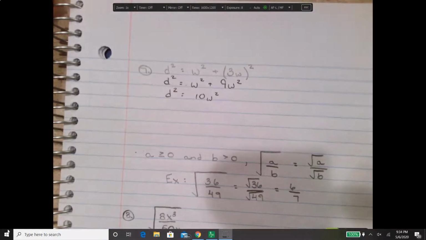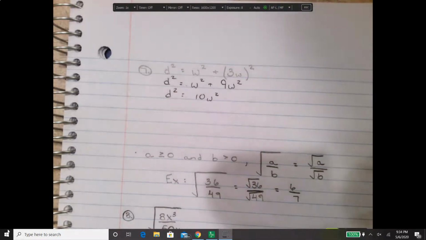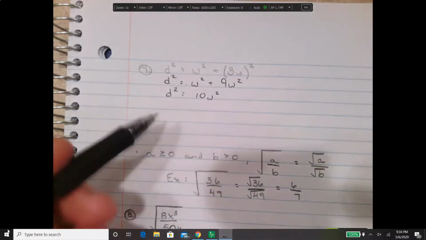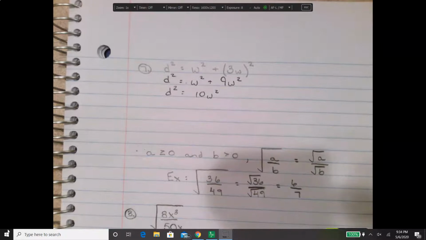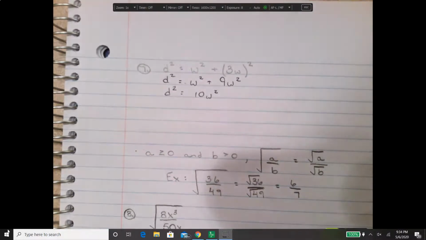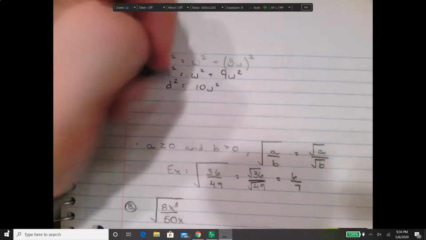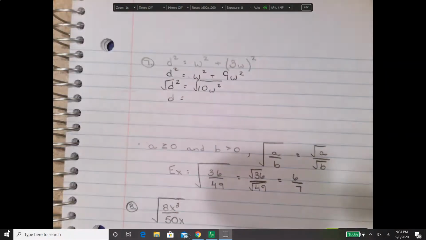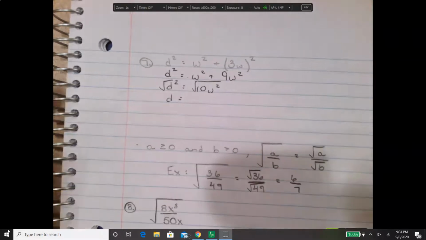Now, from here, again, I'm trying to simplify this one down as much as I can. I want to find what d is equal to. Well, how can I get rid of this squared symbol? The way to get rid of the squared symbol is by taking the square root. So by taking the square root, d is going to be equal to, well, let's break this one apart.